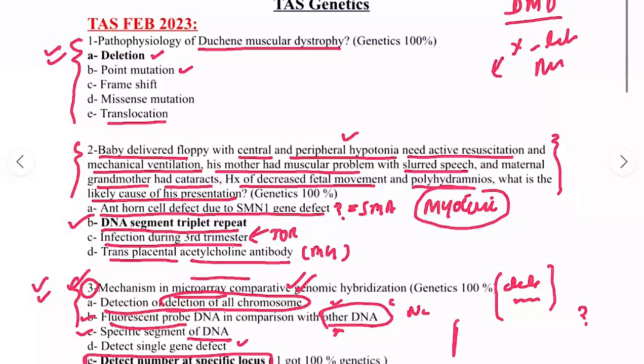I told you we make a tray, we label it chromosome number 1 problem, chromosome number 2 problem. It detects the number at a specific locus. So if we talk about CATCH 22 that we detect by microarray, it detects the number of the chromosome that is present. Okay. So among all these, this E is the best one. This is the correct answer here.